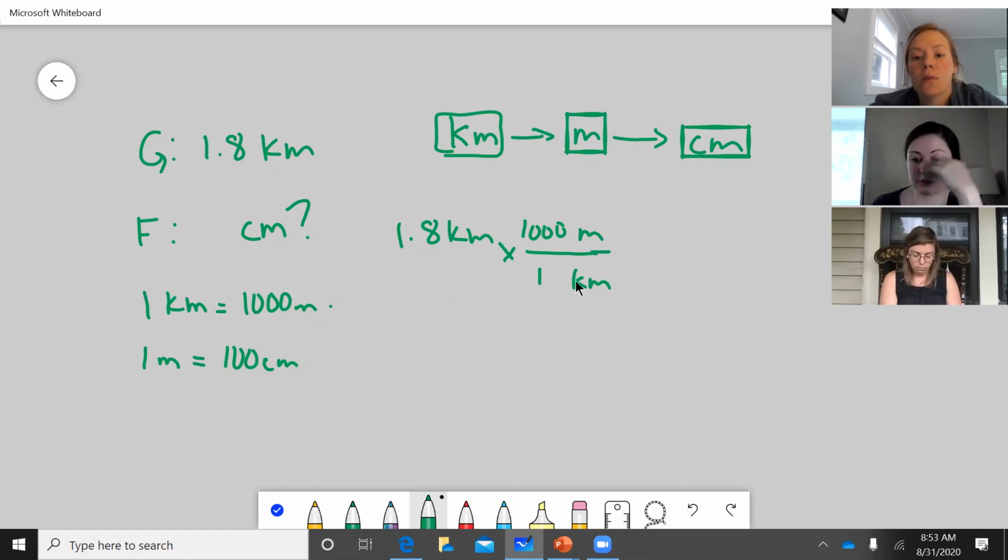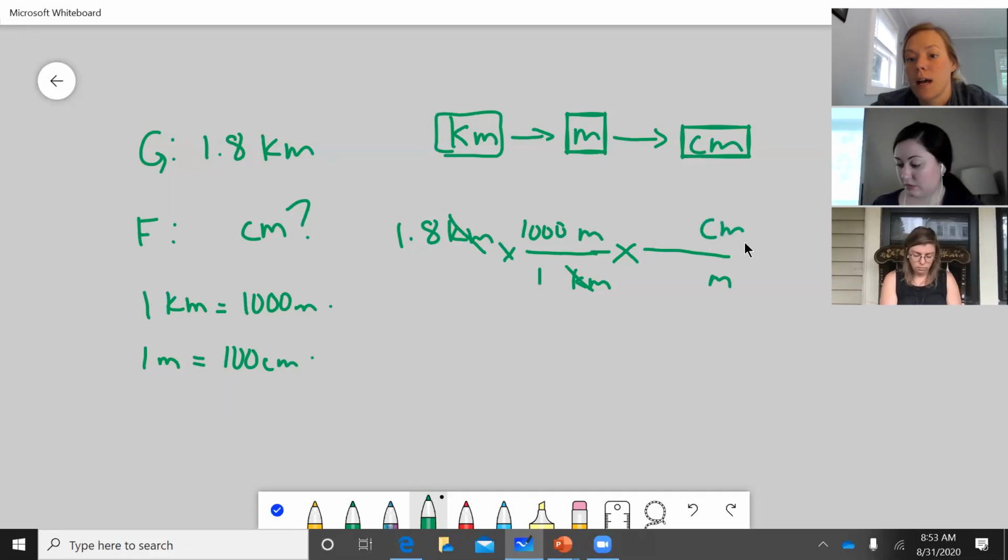So this would get rid of my kilometers, and we'd have a value of meters. Some people will stop here, solve for it, and then work forward. I'm going to just chain them together. So I'm going to multiply by my next conversion factor, which is meters to centimeters. Here's the meter on top. I want the meter to go on the bottom because I want to get rid of meters and get into centimeters.